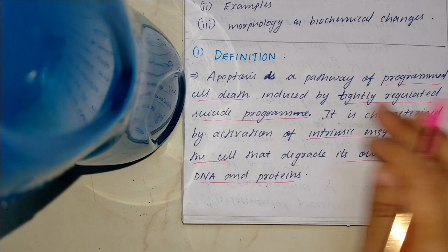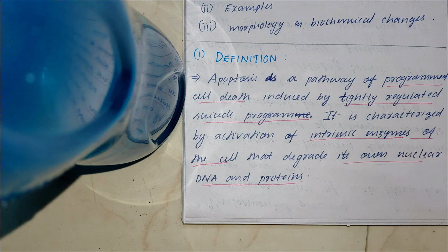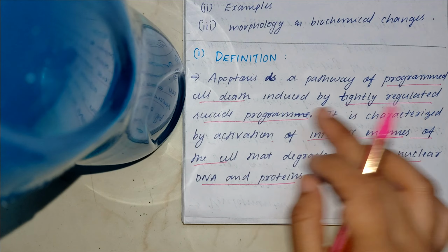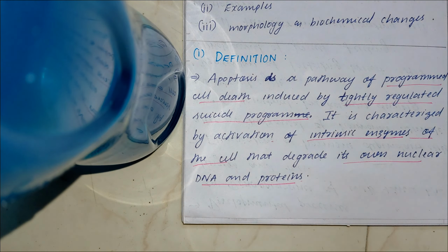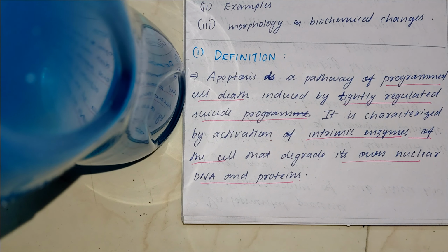So apoptosis is a type of cell death, which is programmed cell death, which can be induced by the tightly regulated suicide program. It has its own intrinsic enzymes that will degrade its own contents, that is DNA and proteins. That is apoptosis.